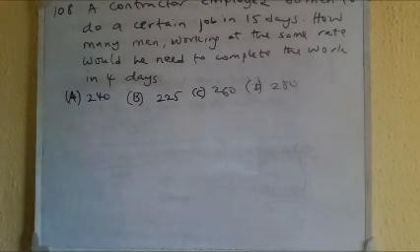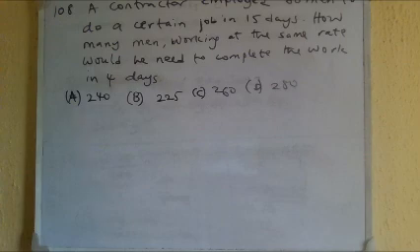Okay, so I have on the board a question. So it says that a contractor employed 60 men to do a certain job in 15 days. How many men working at the same rate will need to complete the job in 4 days?